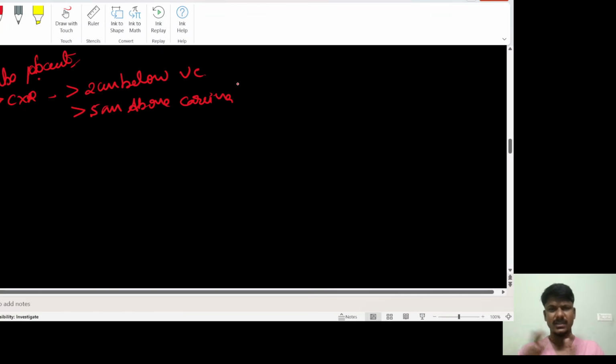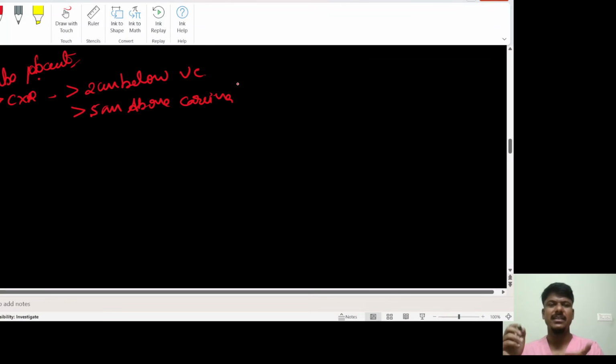The patient is ventilating okay, but you take an X-ray, and two black markers on the ET tube will be there. If they are 2 centimeter below the vocal cord and 5 centimeter above the carina, that will be the proper placement of the tube. Imagine if it is below the carina, or if the black marking is at the carina, what will happen?